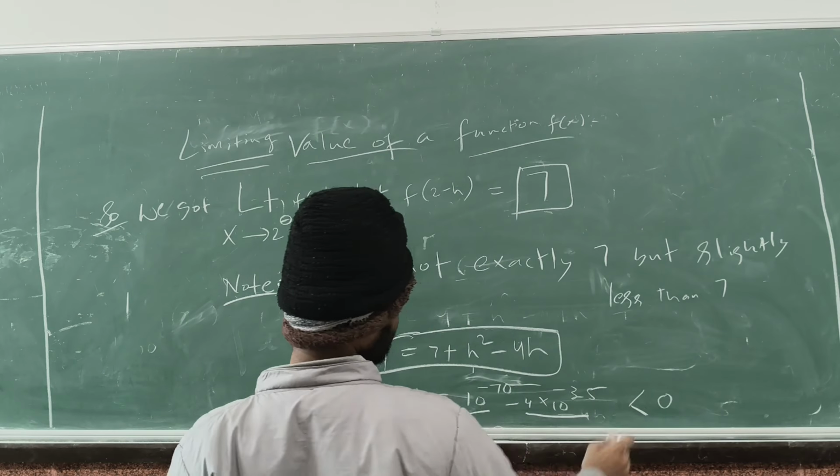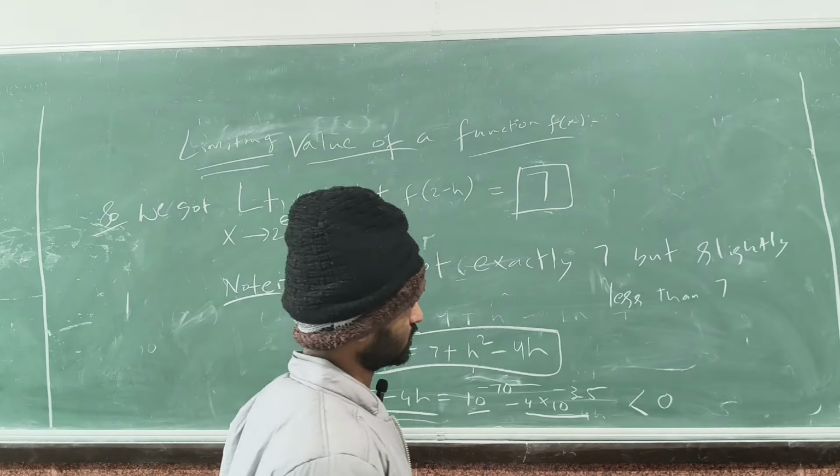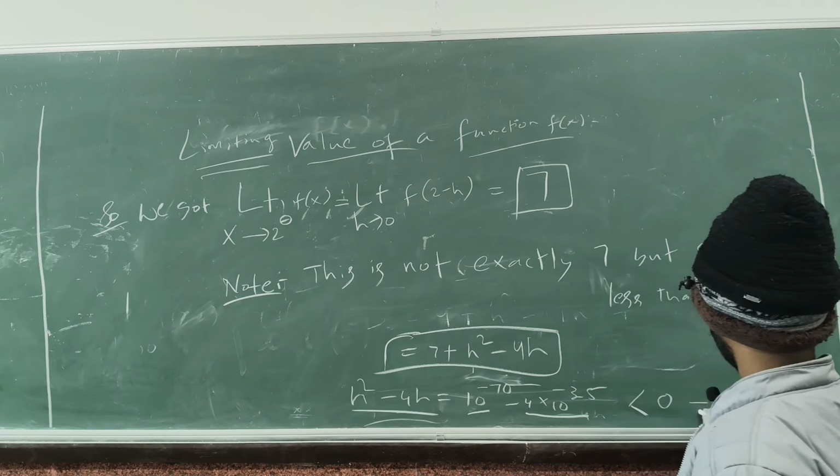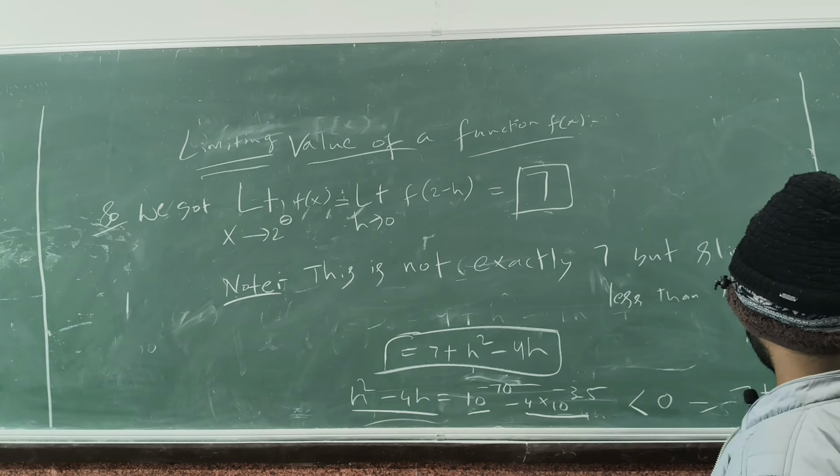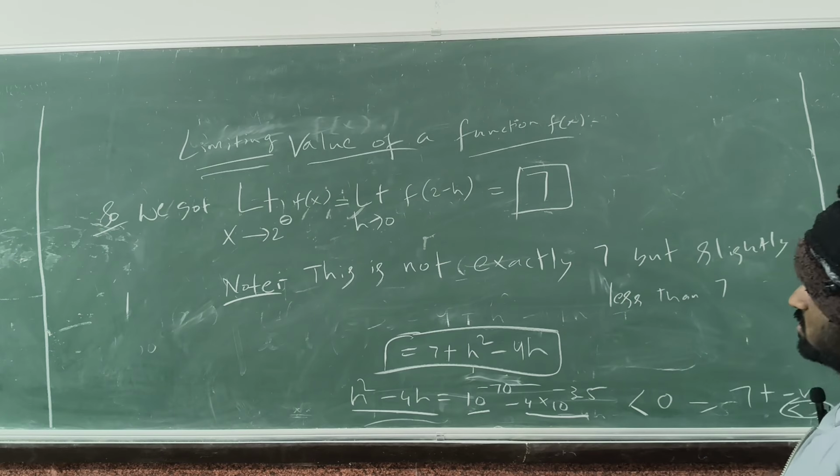So 7 plus a negative quantity is less than 7. Samajh mein aa raha? 7 plus a negative quantity is slightly less than 7, and that is our note point.